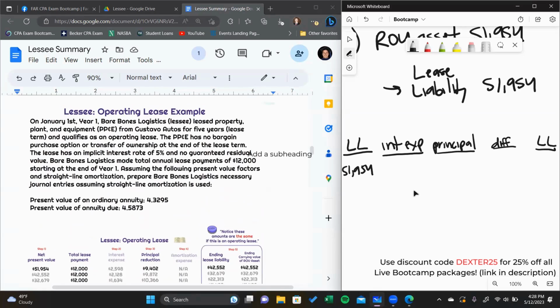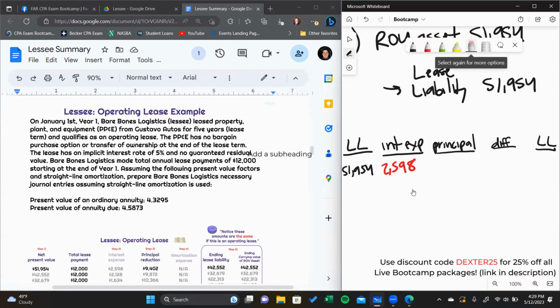So we would take the 51,954 and multiply that by 5%, which is going to be $2,598. And once again, that's the 5% implicit rate times the lease liability amount of 51,954. We took the interest rate and multiplied it by the liability.